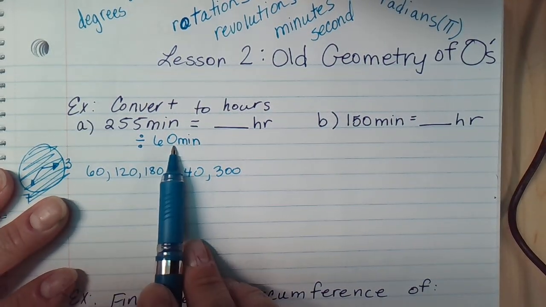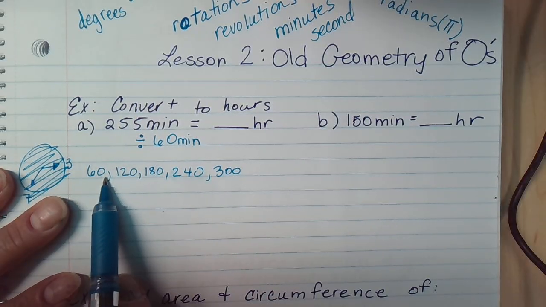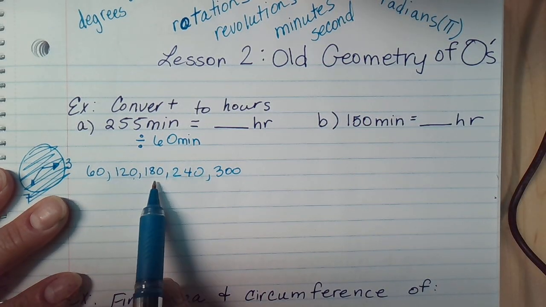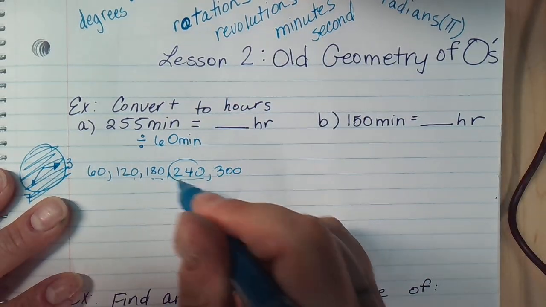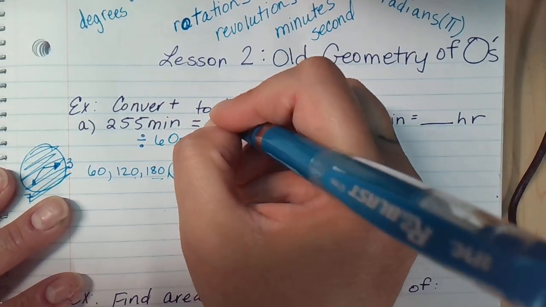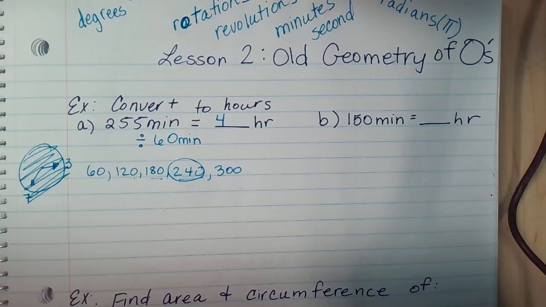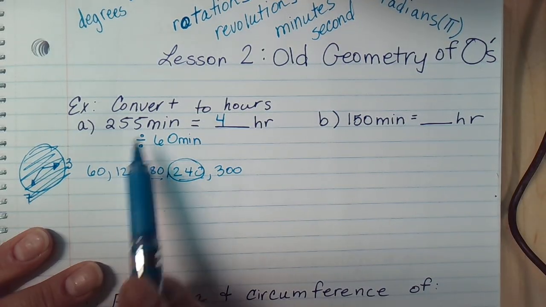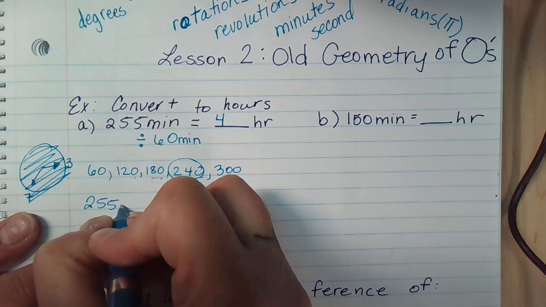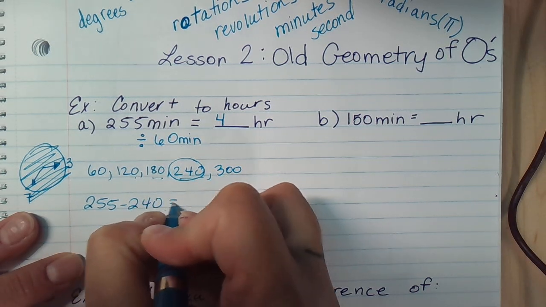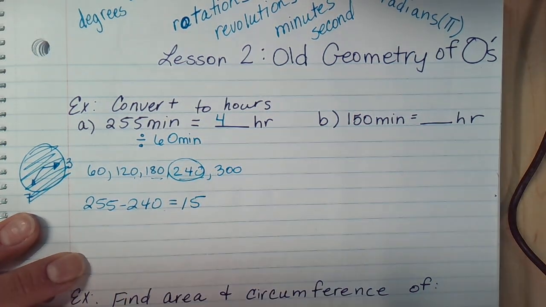I know that 60 can go into 255 once, twice, 3 times, 4 times to get 240. So it's definitely 4 some kind of hours. But what's the difference between 255 and 240? Well, 255 minus 240 is 15.